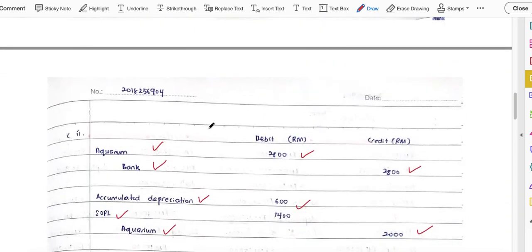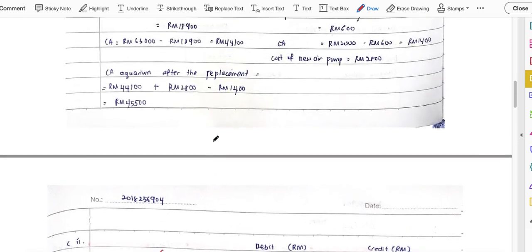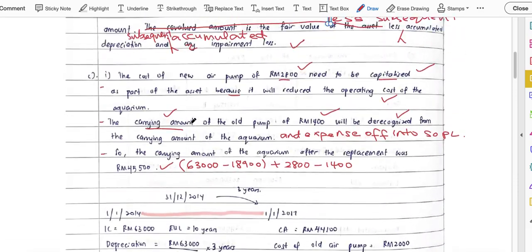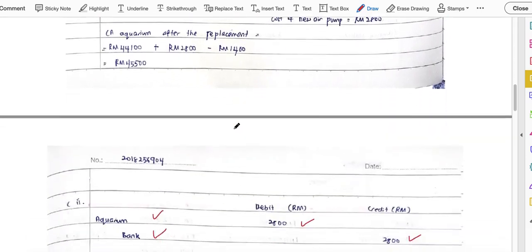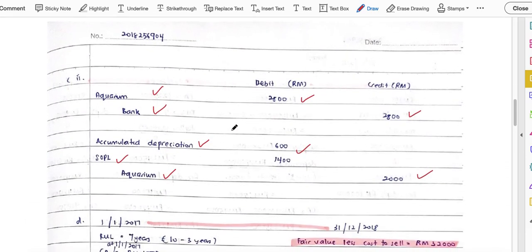Okay, the next question asks on the journal entry for C1. That means the one that you mentioned here. So it will be the capitalization of the new component and the derecognition of the old component. So for the capitalization, the question said that they made the payment. If it were on credit, then you cannot credit bank.